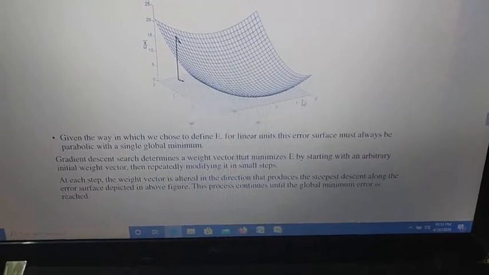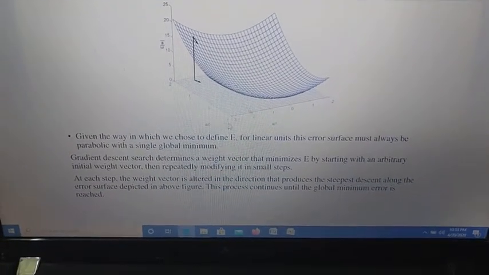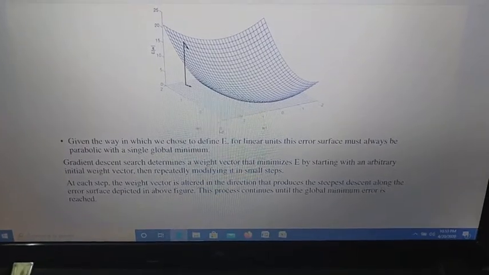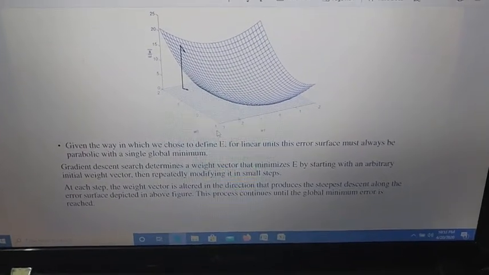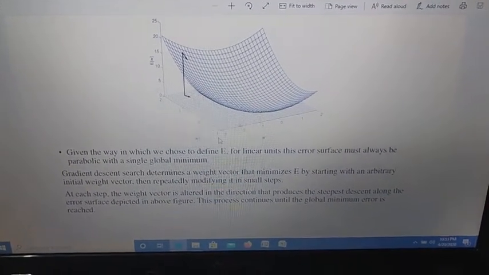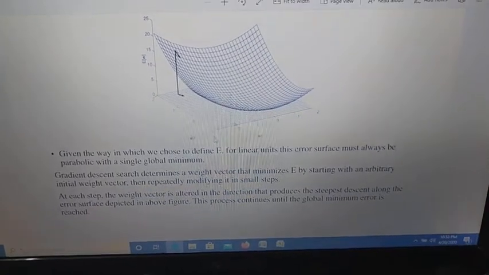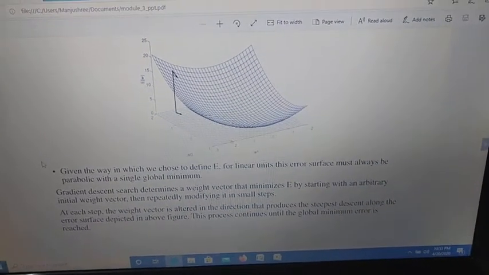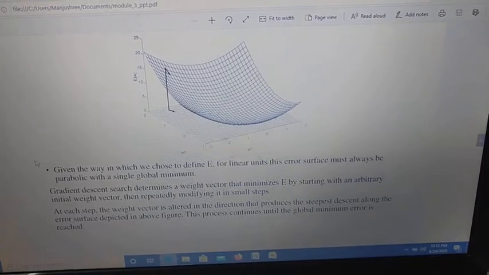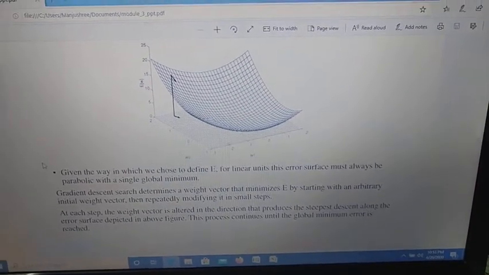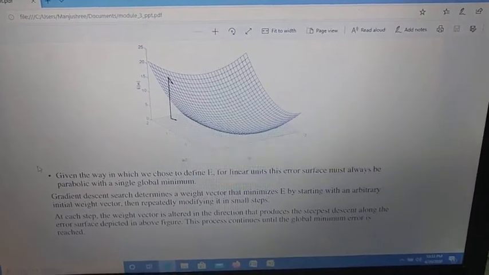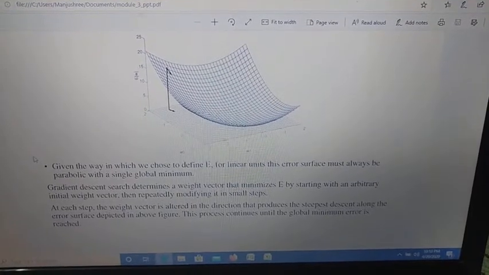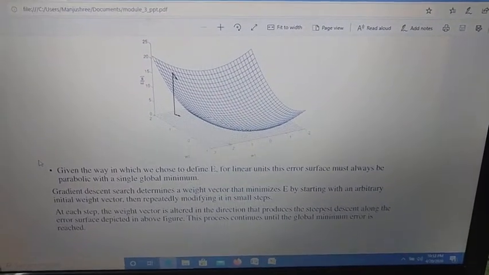Negation of the highest peak gives a parabola like this. So we know that in the gradient descent method, we choose the weight randomly, then we find out the error. We apply the steepest descent method, so we decrease the error for each and every assumed weight.